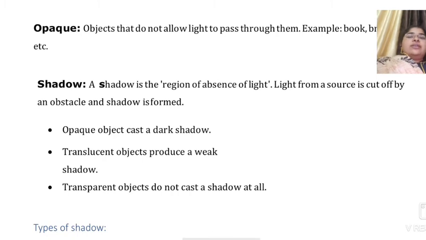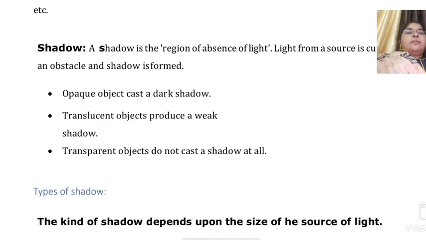So only for those parts is a shadow formed. Among the three objects, student, remember that an opaque object casts a dark shadow because we cannot see anything through an opaque object. So that's why the shadow of an opaque object is very dark.